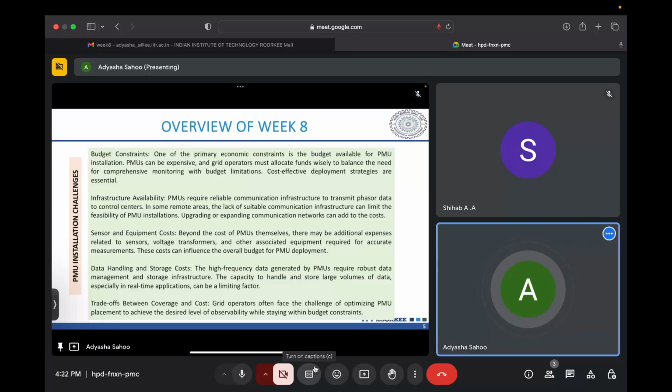Handling these large volumes of data in a real-time application may also be a challenge for us. So the grid operators have to do an if-else analysis and see that there will be a trade-off between the observability of the system and the cost that comes with it due to the budget.